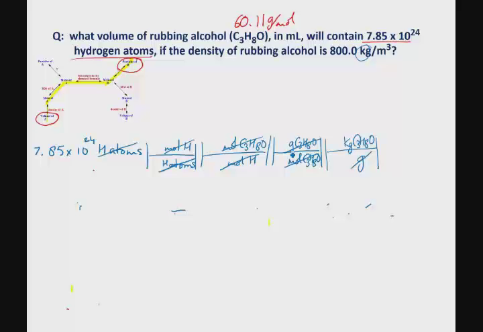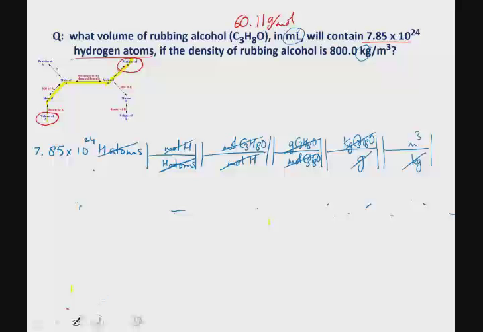And then we can use the density as a conversion factor by putting kilograms in the denominator and meter cube in the numerator. Now, our meter cube is definitely a volume unit, but the question is specifically asking us to calculate the volume in milliliters. So we are not done yet.